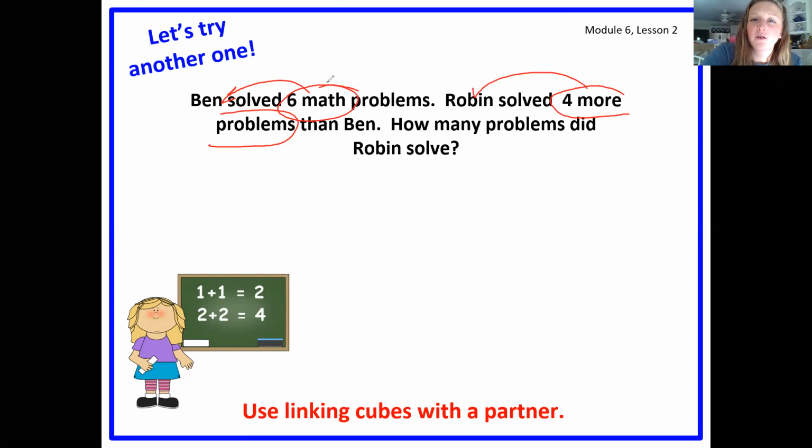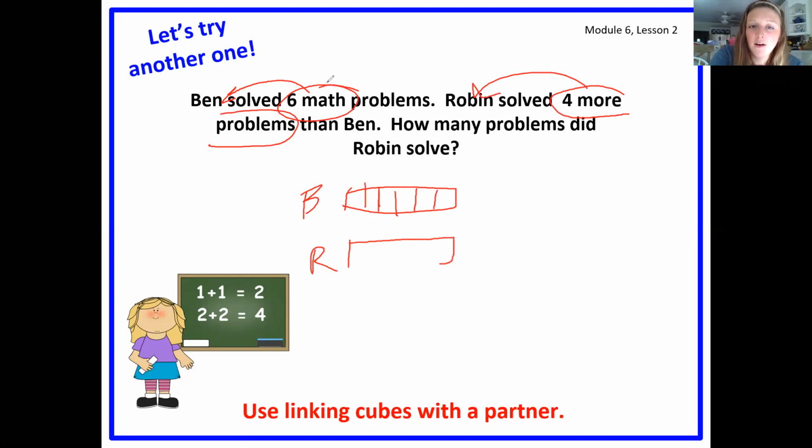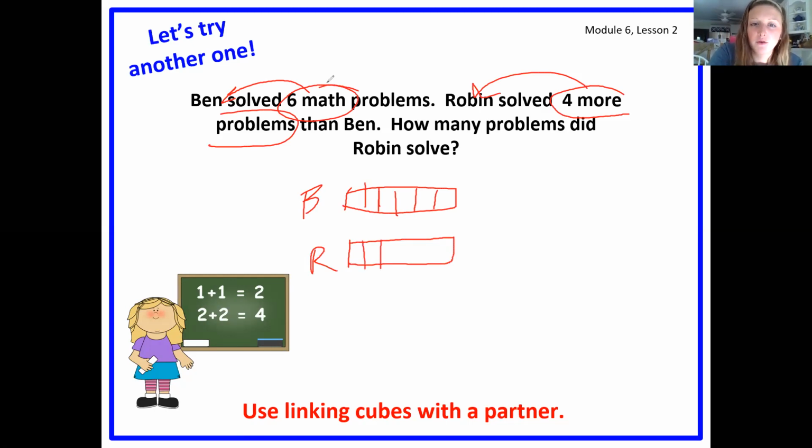So when I start drawing this right now, I'm going to say Ben, I know there was 1, 2, 3, 4, 5, and 6. And Robin is going to have this whole part right here. 1, 2, 3, 4, 5, 6, plus 4 more.